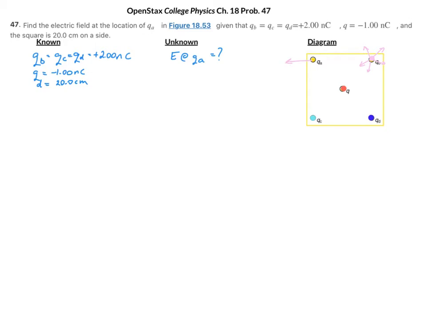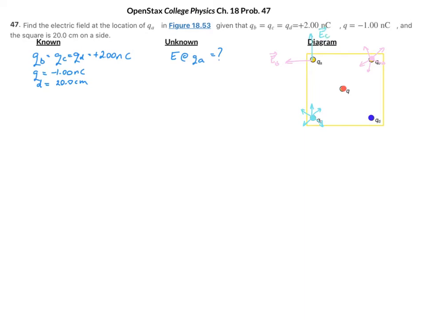And I'm going to call this E sub B. Then for charge C, again, the electric field is going to point away from it because it's a positive charge, and that means that at the location of A it is going to go in this direction, so I'll call this E sub C.